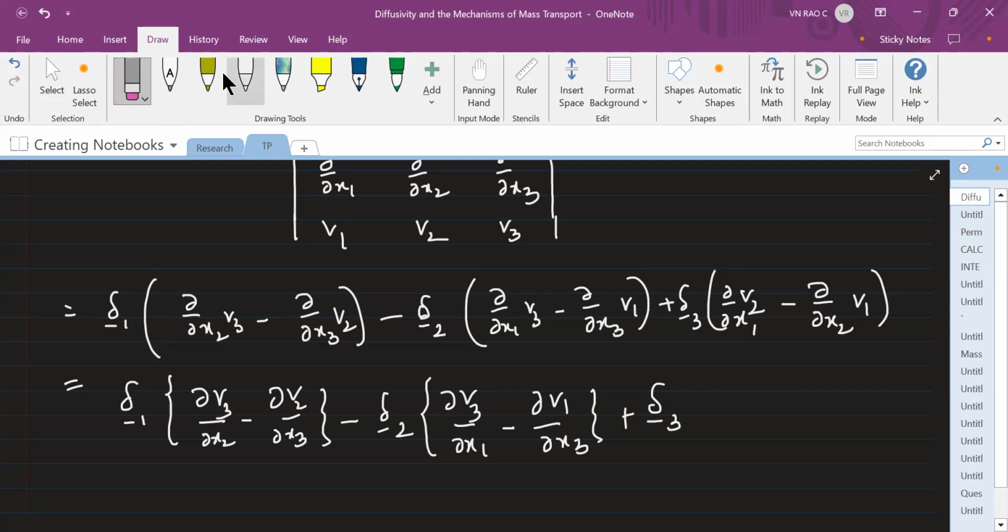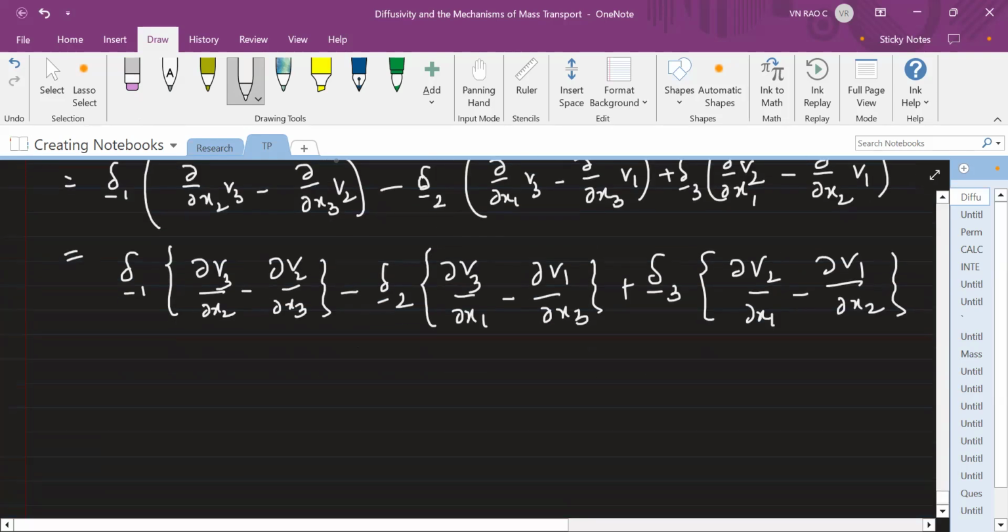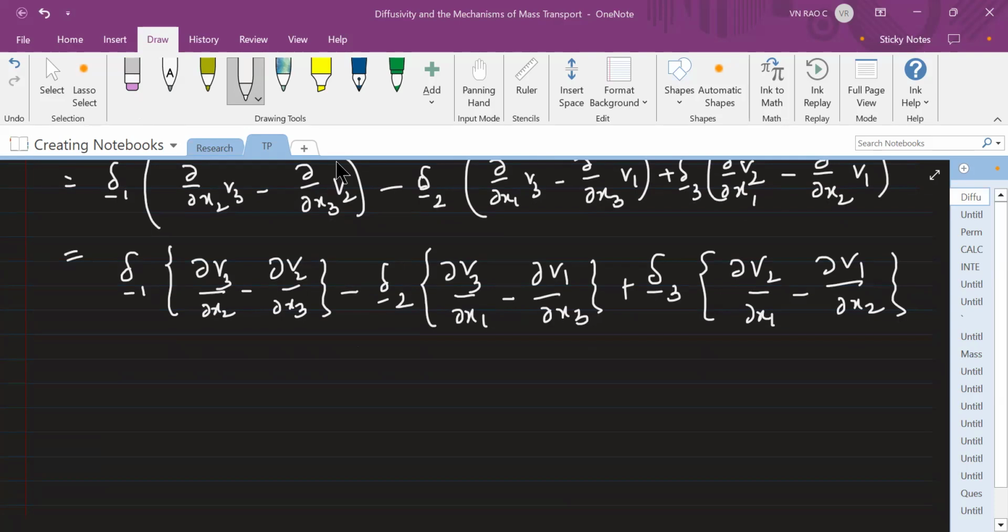Remember these brackets, what we are trying to write now: dou v2 by dou x1 minus dou v1 by dou x2. I think this is the resultant of the total product. So, the curl of a vector.